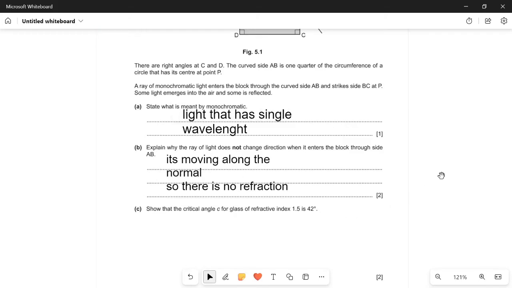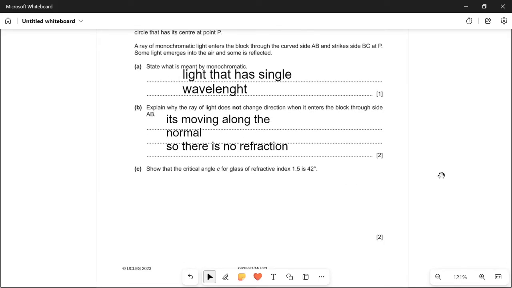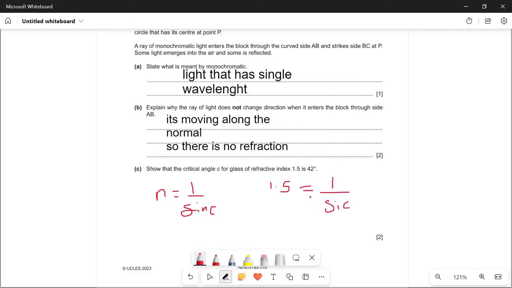That's the answer. C. Show that the critical angle C for the glass of refractive index 1.5 is 42 degrees. So the formula for refractive index with critical angle is 1 over sine C. So we have the refractive index, which is 1.5, equals 1 over sine C. So we can do cross multiplication. So 1.5 times sine C is equal to 1.